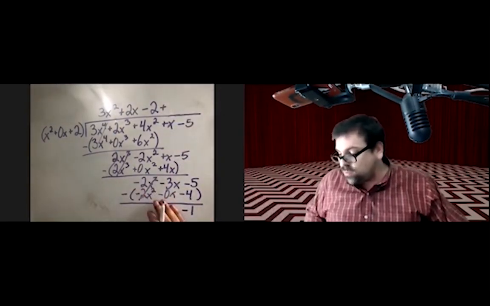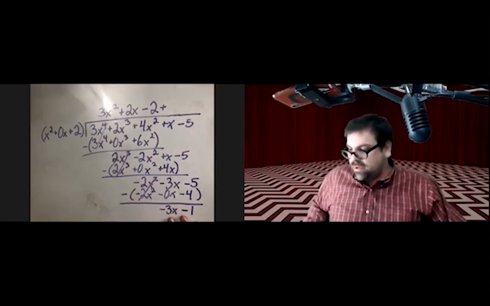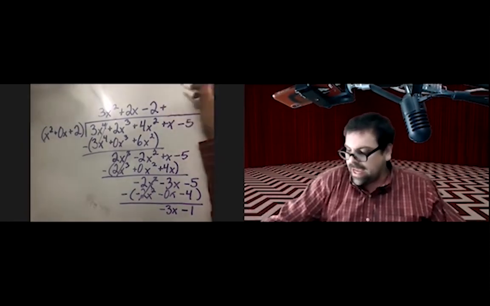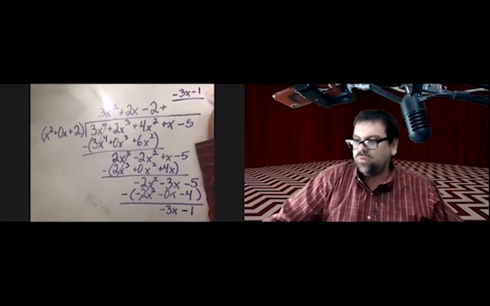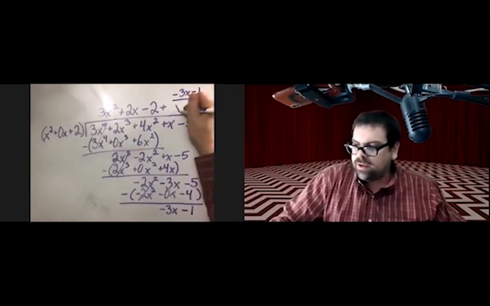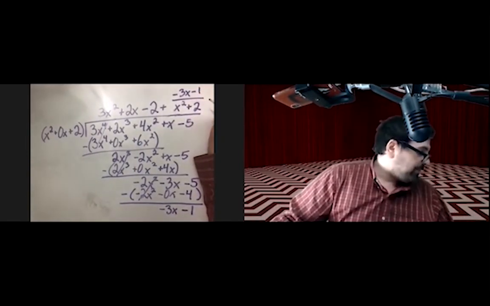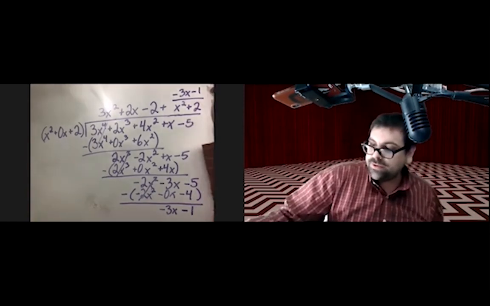If it was just the minus 1, I'd put minus 1 over whatever. But since it's this whole thing, I'm just going to add on the remainder. I'm going to add on negative 3x minus 1 over what we're dividing by, and we can put it back to its shortened form. We divided by the x squared plus 2. That is correct.